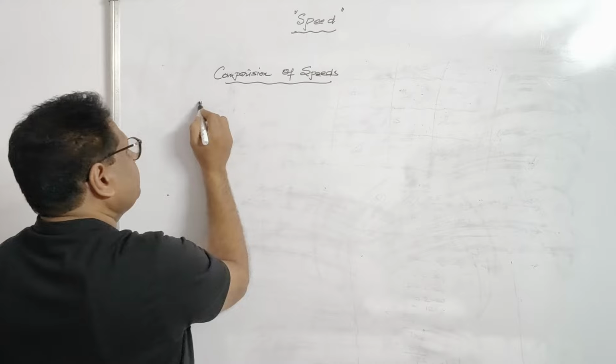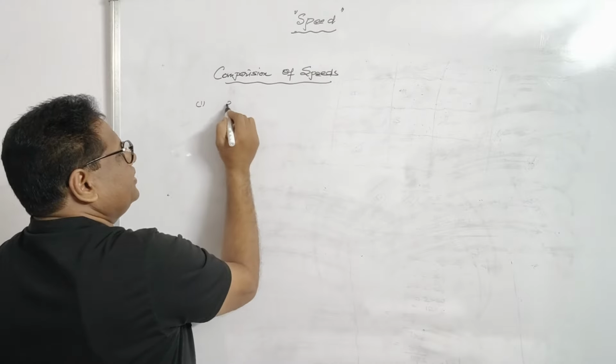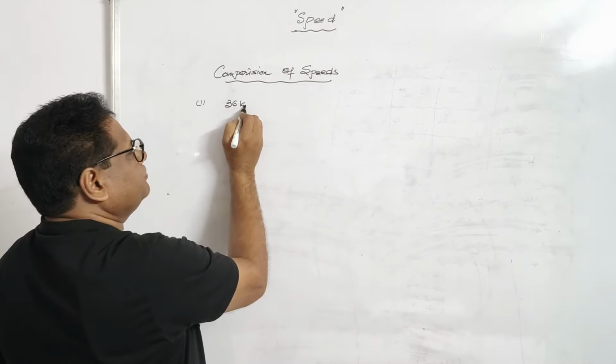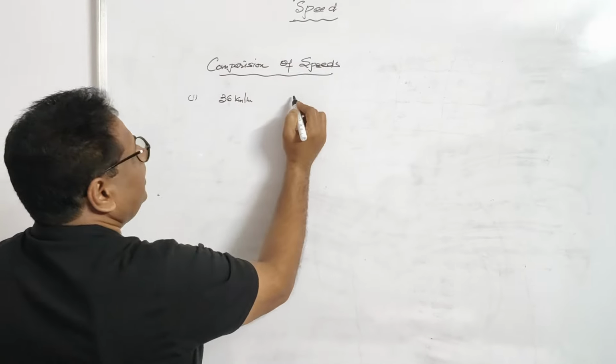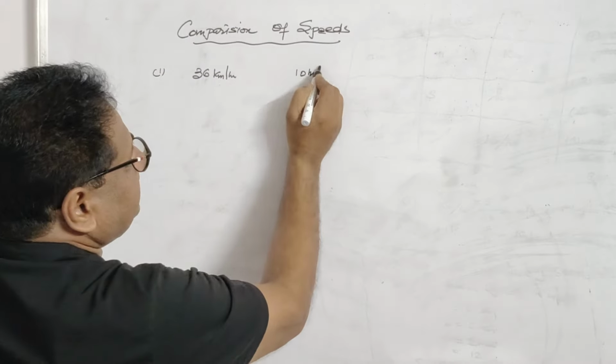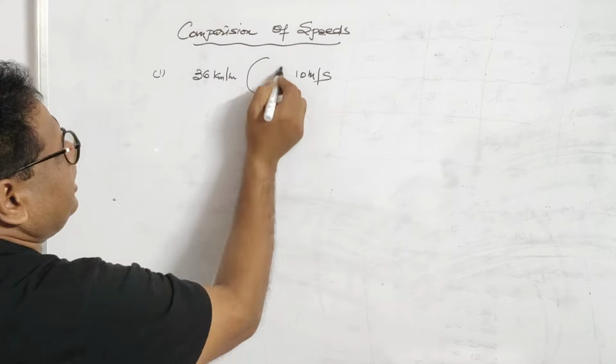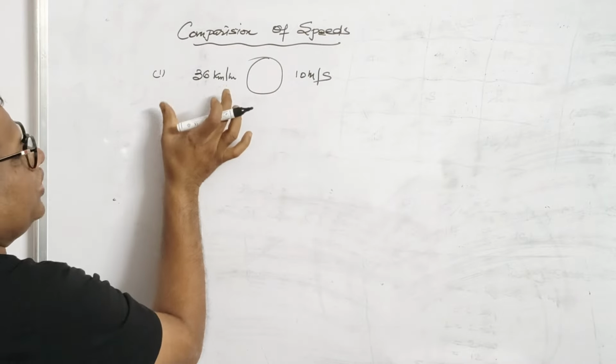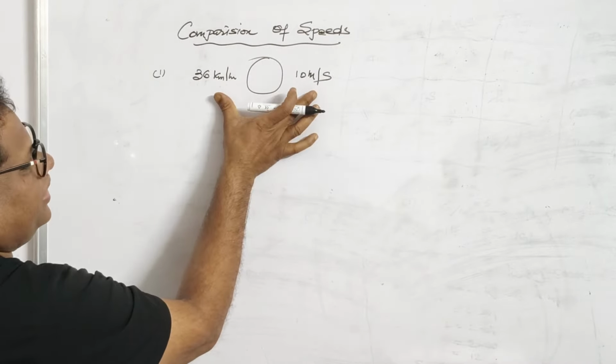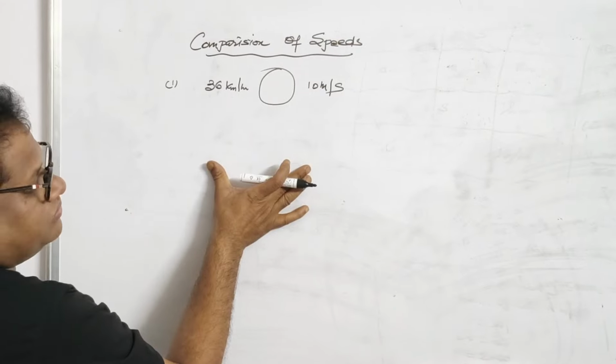Okay, suppose you want to compare 36 km per hour and 10 meter per second. Okay, which is bigger? You have to convert both of them to the same unit.